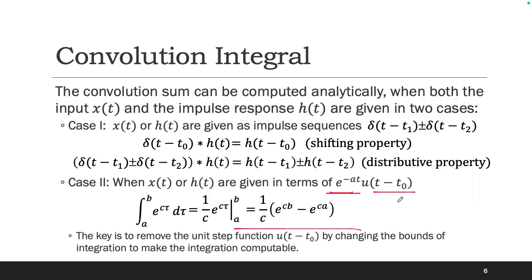Switch the bounds. Usually the bounds should be from negative infinity to positive infinity, right? But if you remove this one, it means your t should be greater than or equal to t naught, am I right? Otherwise it will be zero. You don't need to put it here. So just remember the delta function, the impulse function, and the unit step function are very important.